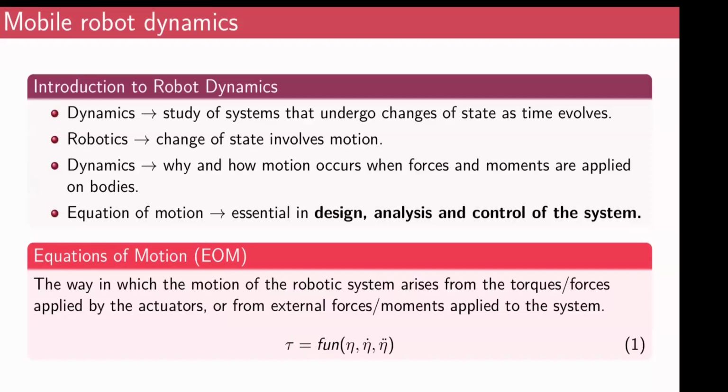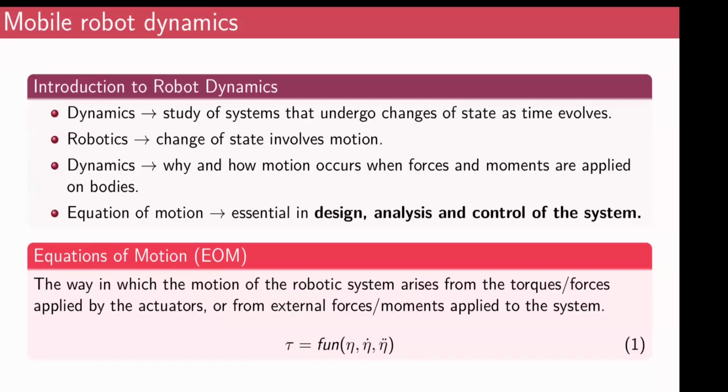And analysis basically means how you simulate a mobile robotic system. For example, if you give so and so torques onto the robot's actuators, how does the robot move, or how does the wheeled mobile robot move?